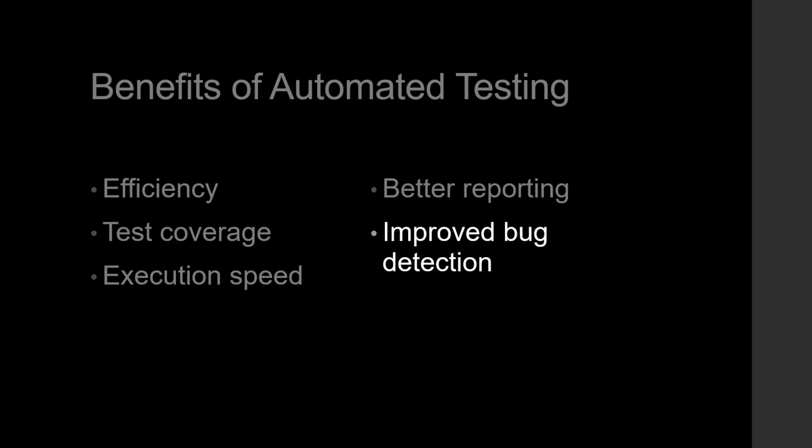Test automation is the best way to increase efficiency, test coverage, and execution speed in software testing. Further, automated testing packages have built-in functionality for better reporting, improved bug detection, increased reusability. And let's be honest, no one wants to sit behind a computer to do the tests manually.